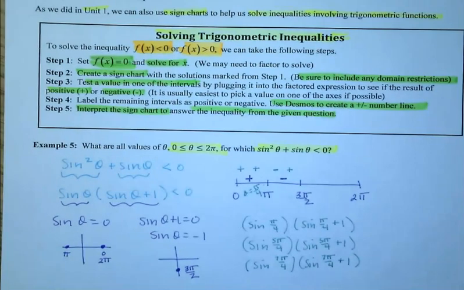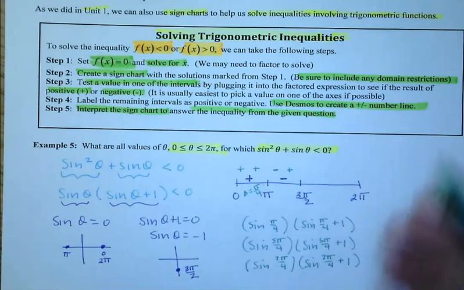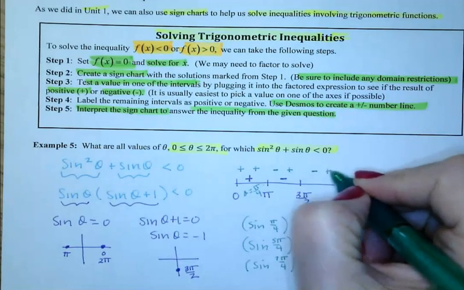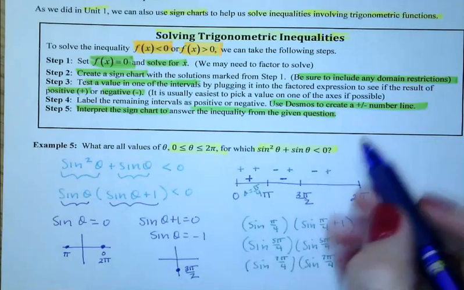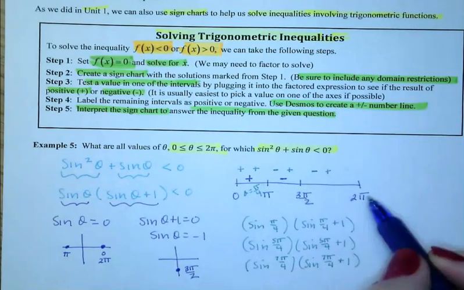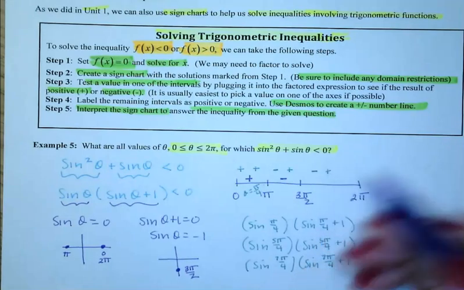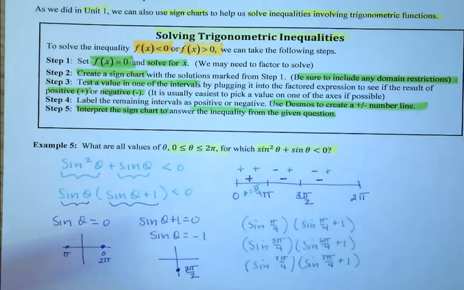So I know in the fourth quadrant, sine is going to be negative. So once again, I have a negative square root of 2 over 2. So that's going to be negative. And then here I'm going to have a negative square root of 2 over 2 plus 1, which is going to be a little bit less than 1. So then that part of it is positive, which makes all function values in this interval from 3 pi over 2 to 2 pi have the same y value, which a negative times a positive is a negative.